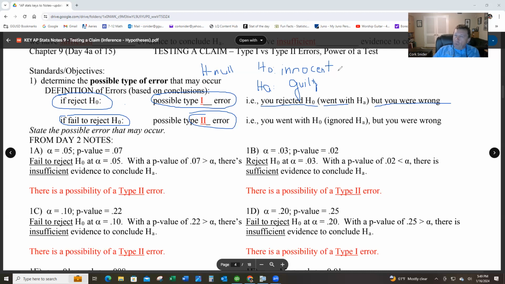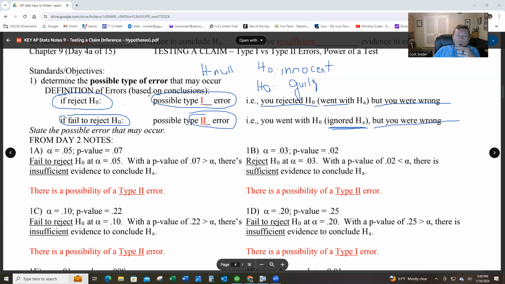The burden of proof wasn't met. So the phrase we use in statistics is fail to reject H0. Your evidence did not provide enough for us to move off of H0 as a possible outcome. But if you failed to reject H0 and ignored HA, but you were wrong eventually, that's called a Type 2 error.